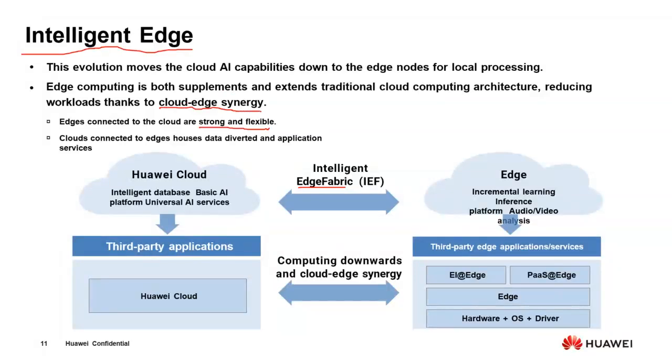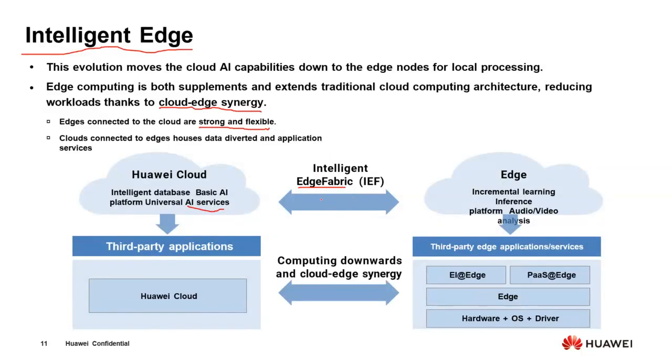So cloud and edge have to work in synergy. So we have the Huawei cloud, the third-party application, and then the Huawei cloud that works together with some AI stuff.